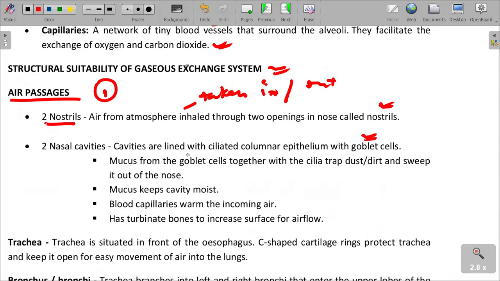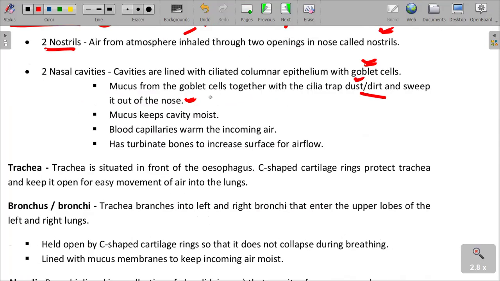I'm sure we understand that the nostril cavities have mucus from the goblet cells, which together with the cilia help to trap dust and dirt and sweep it out of the nose, ensuring that the inhaled air is kept clean. So it is actually an air filter. The mucus acts as an air filter, facilitating the cleanliness of the air as it enters.